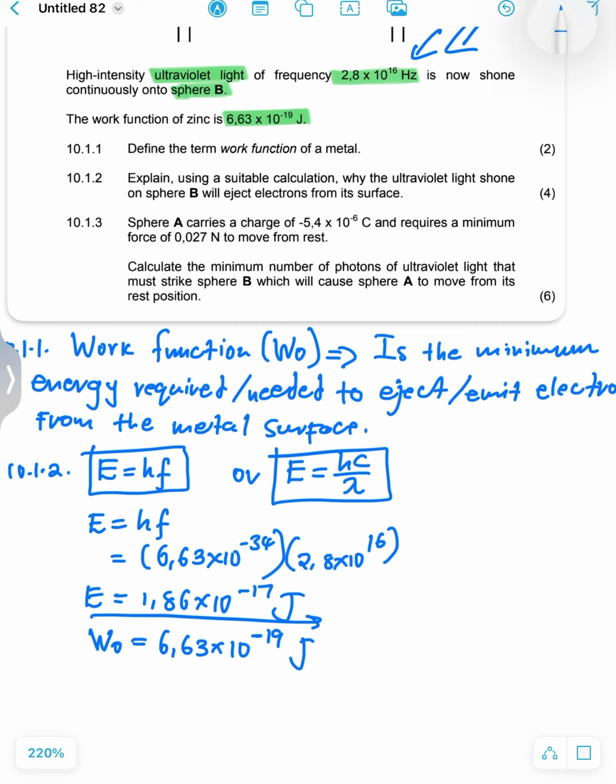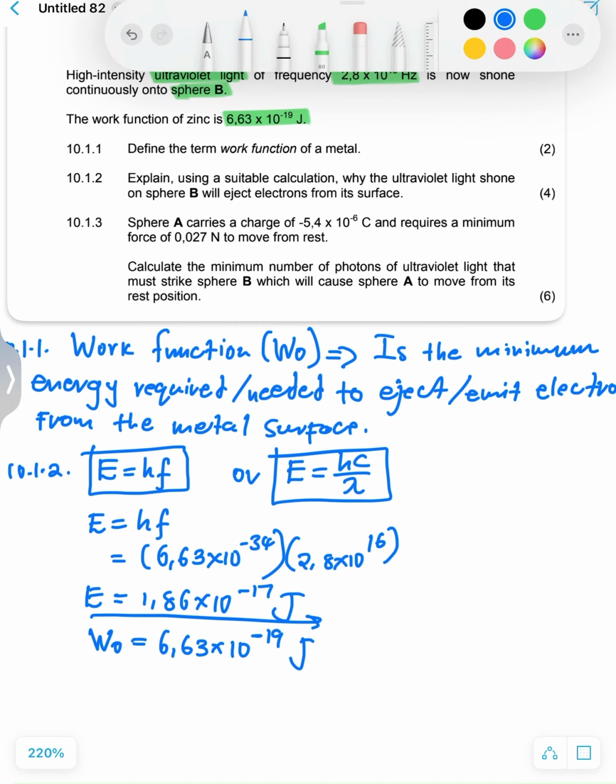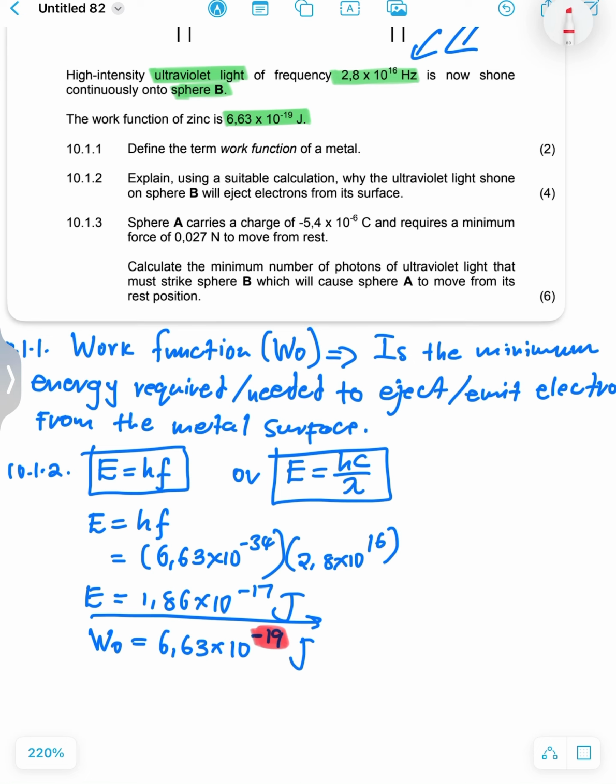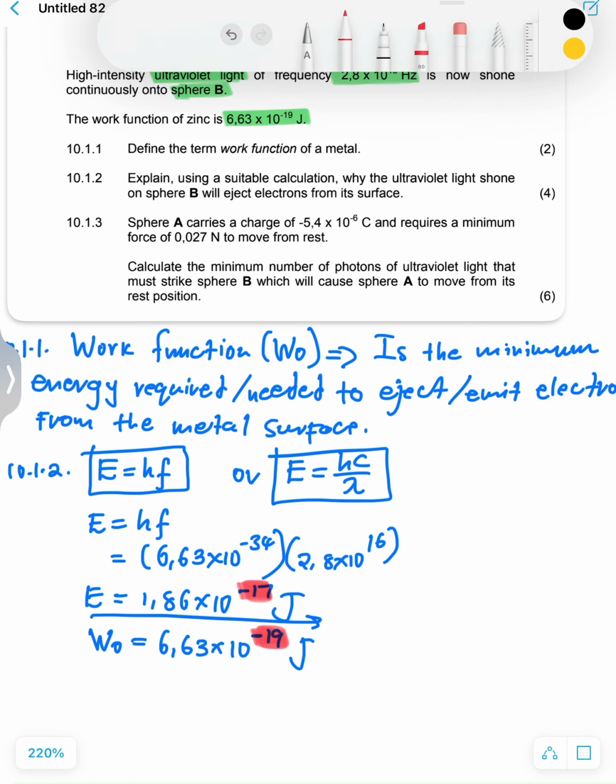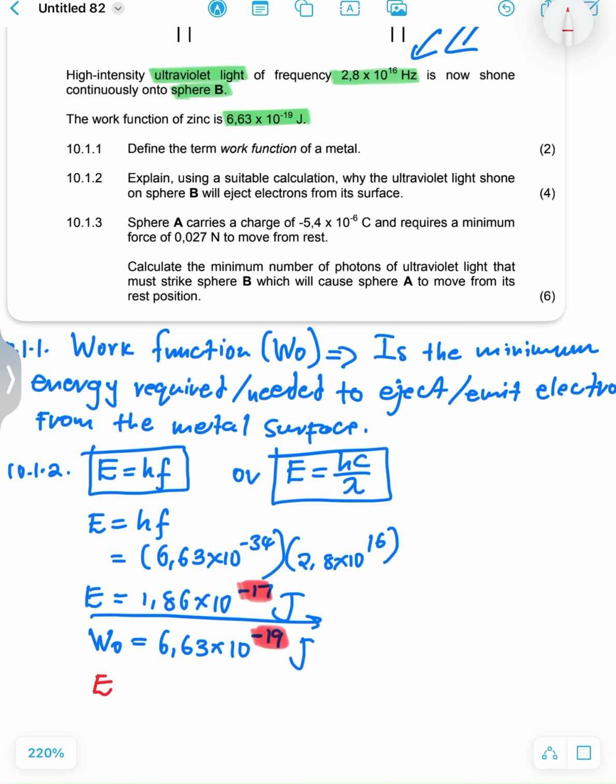So you can easily see that 10 to the power of negative 17 is more than 10 to the power of negative 19. So in this case, the energy of light is greater than the work function. Hence, the electrons will be ejected.